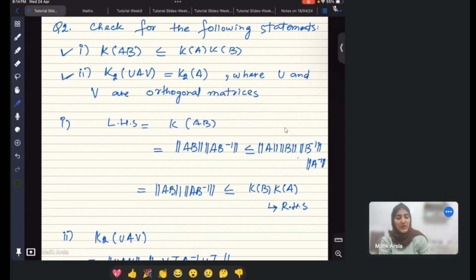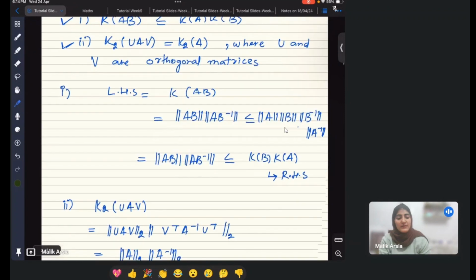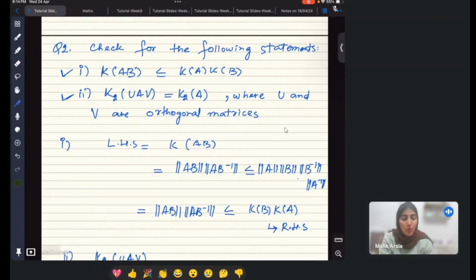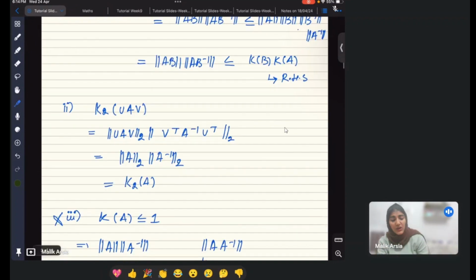Now the second statement is that K2 of UAV is equal to K2 of A. That is, the condition number of UAV is equal to the condition number of A, where U and V are orthogonal matrices. For checking this statement, we know that K2 of UAV is equal to 2 norm of UAV into 2 norm of (UAV) inverse.